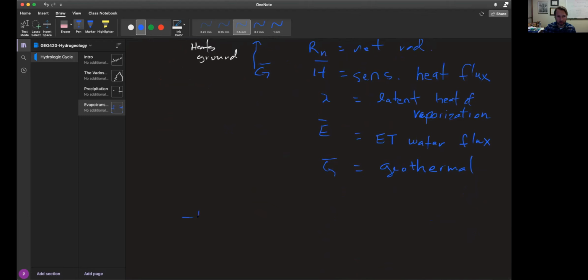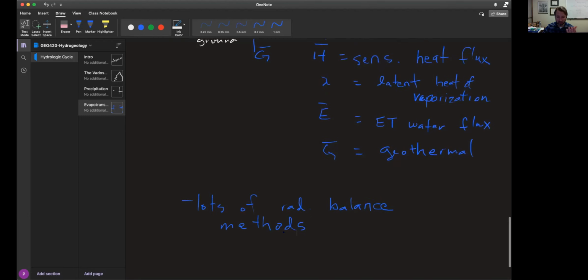There's lots of these radiation balance methods. And in fact, if you want to get the best distributed measurements of ET available right now, sort of the analogy of GridMet or PRISM for ET, they're going to be based on these radiation balances, because satellites can see incoming and outgoing radiation from the Earth.